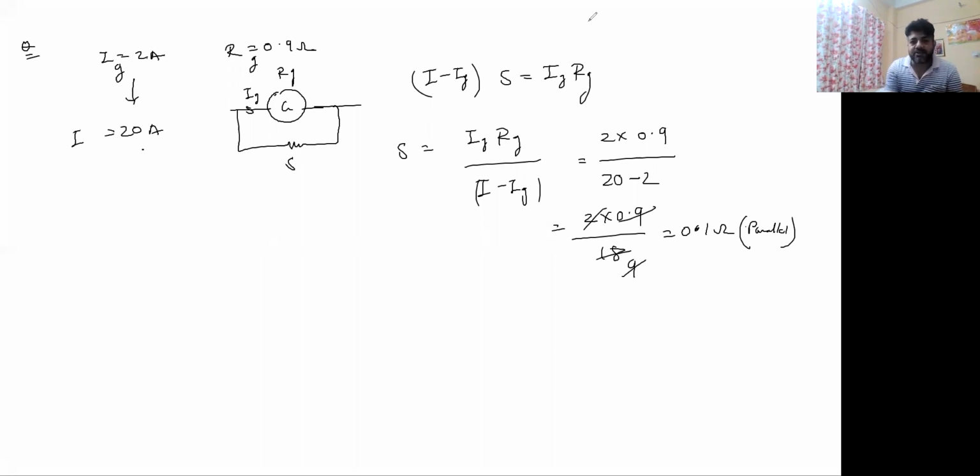Now see the next question. A galvanometer with a coil of resistance 12 ohm shows full scale deflection for a current of 2.5 milliampere.